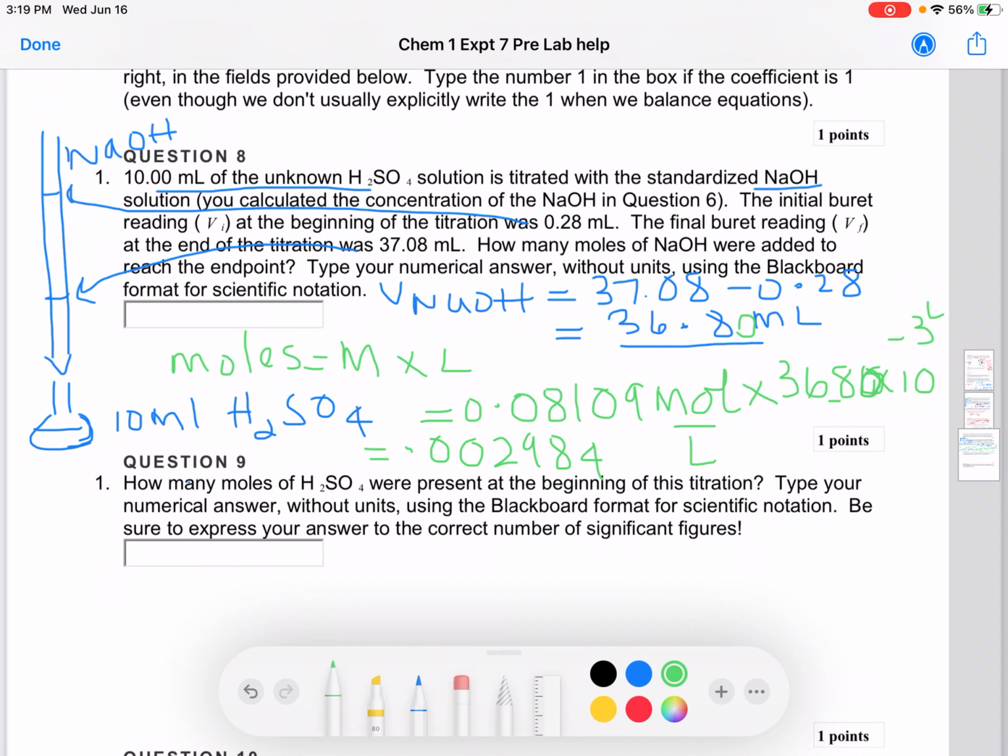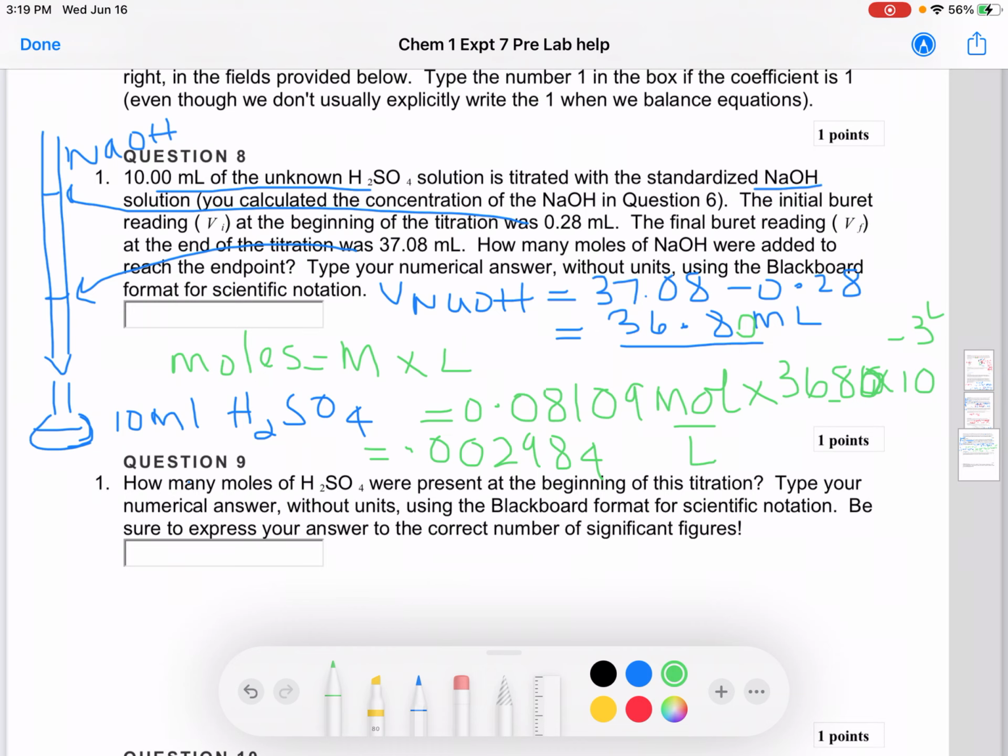So now we found the number of moles of sodium hydroxide we used to titrate sulfuric acid. The next question: how many moles of sulfuric acid were present at the beginning of this titration? Type your numerical answer without units.